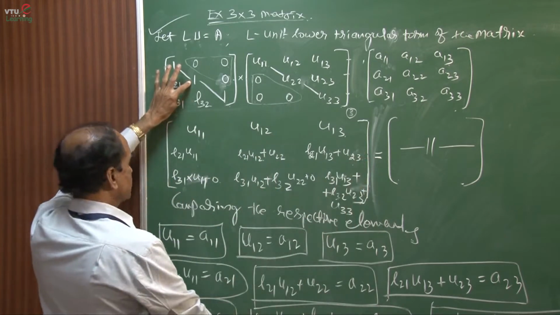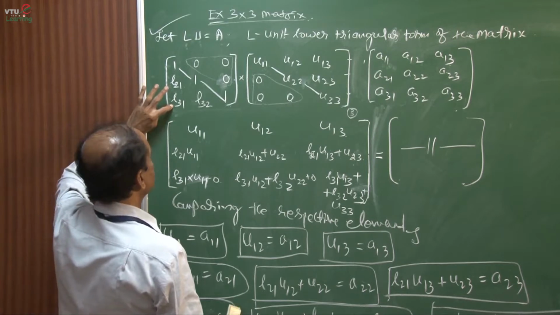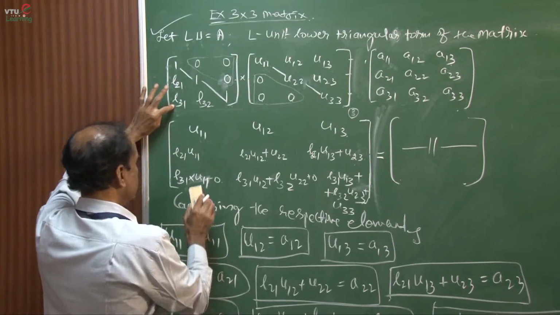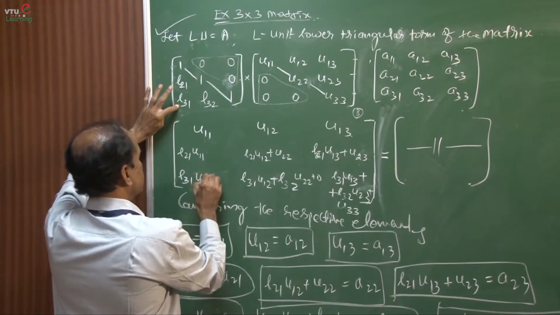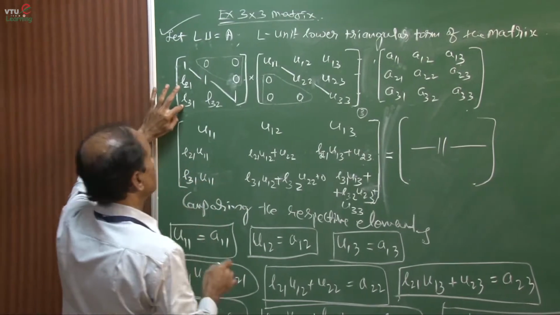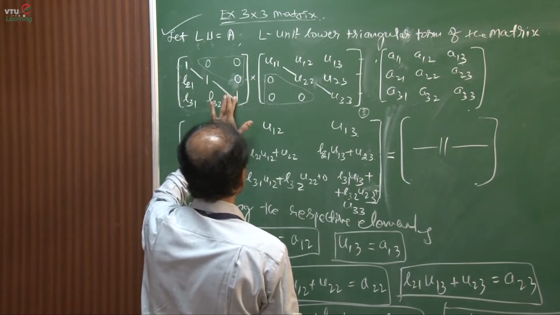Then the next situation is the third row with the first column: L31 U11, this is the product, and L32 into 0 and 1 into 0, this much is 0.